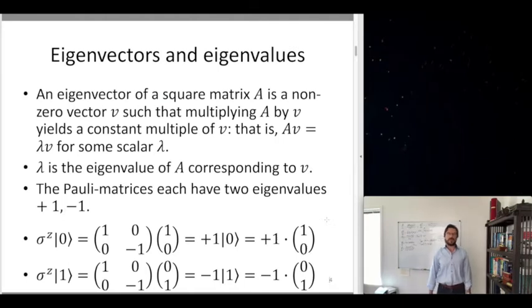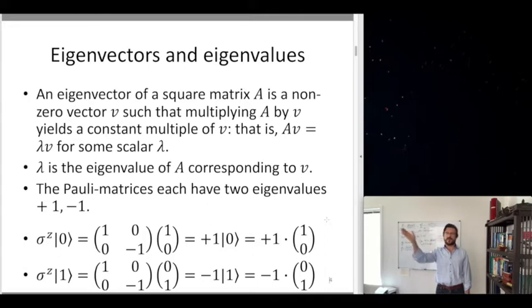We also want to remember eigenvectors and eigenvalues. The formal definition says an eigenvector of a square matrix A is a non-zero vector V such that multiplying A by V yields a constant multiple of V. What does that mean? If I have a vector and I apply a matrix to it, the only thing that changes is not the direction, it just is a multiple.